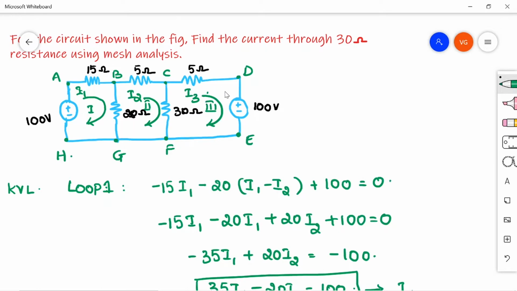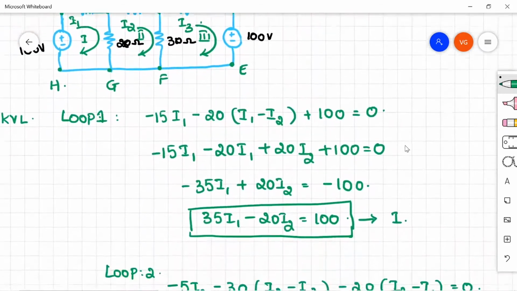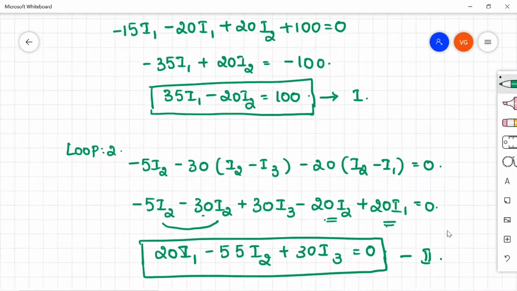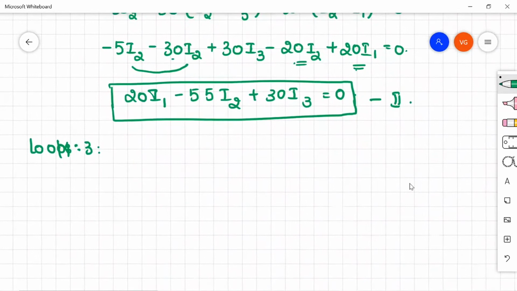So this is minus 5 I3 plus 2 minus 100. No element here. Then minus 30 into I3 is flowing along with the path and I2 is flowing in the opposite direction. So minus 30 into I3 minus I2 is equal to 0. So write it down and simplify the third loop equation also.